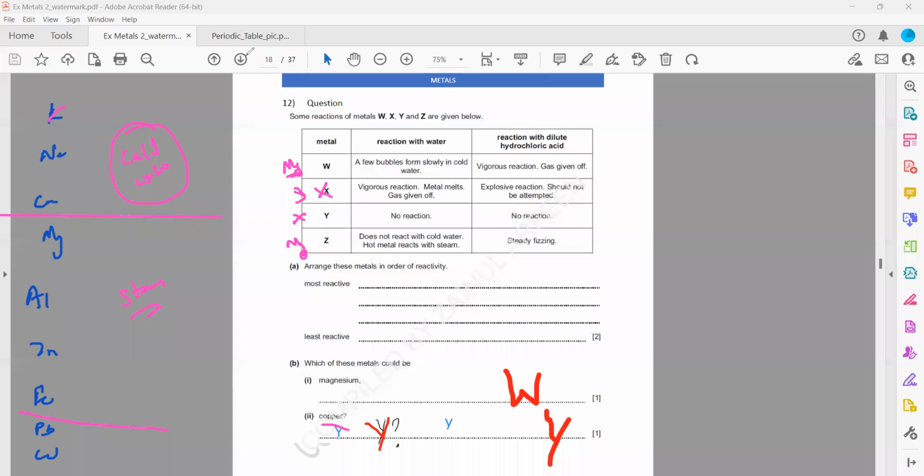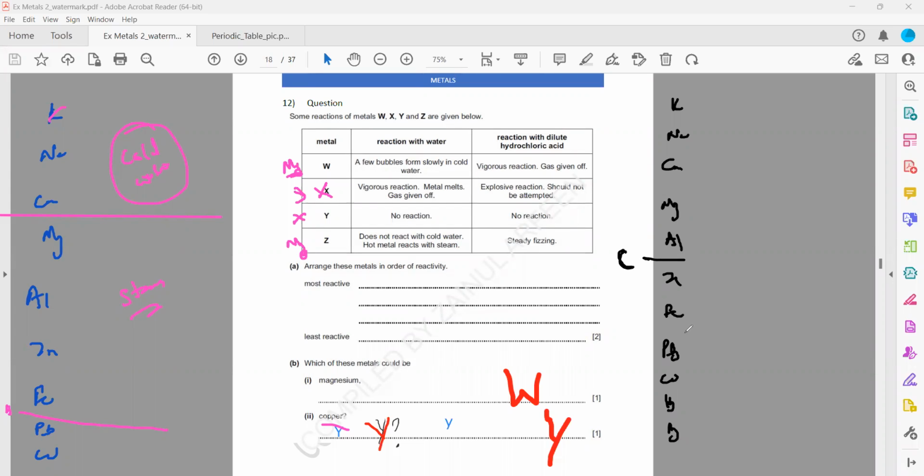When we check the reaction of these metals with acid, they can all react with acid down to lead, according to the reactivity series: potassium, sodium, calcium, magnesium, aluminium, zinc, iron, lead, copper, mercury, silver, gold, and platinum.